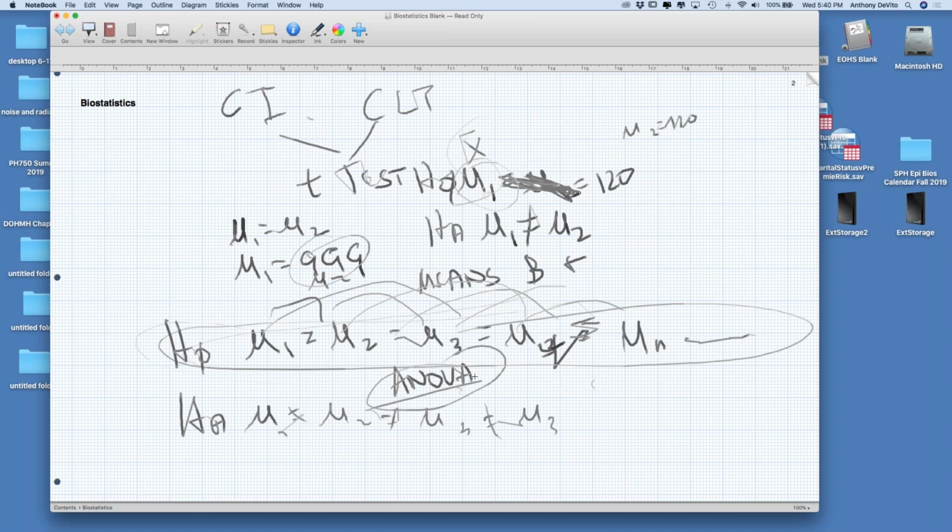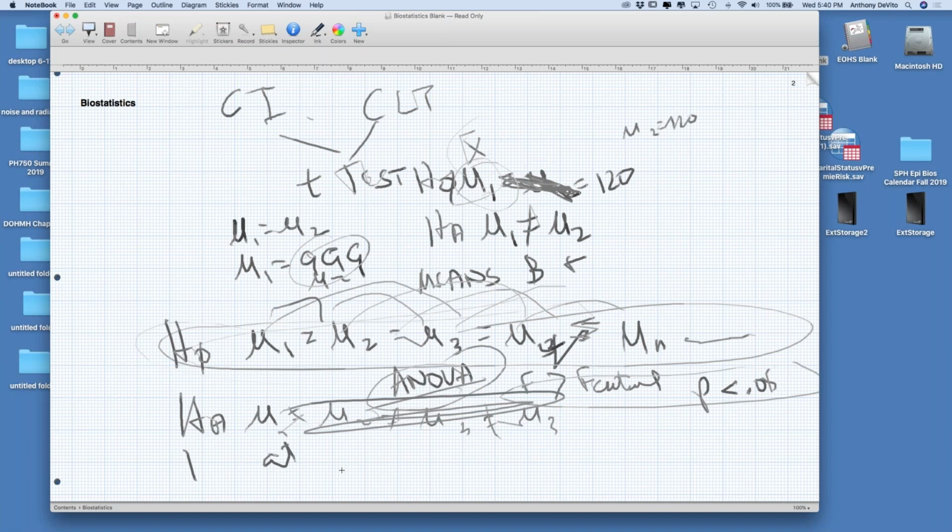The ANOVA test comes up with a value for ANOVA that's greater than the critical value for ANOVA, right? Or a p-value that's less than 0.05. When it comes up with that, that means that our alternative hypothesis should be, instead of this, at least 2 of the means are different.